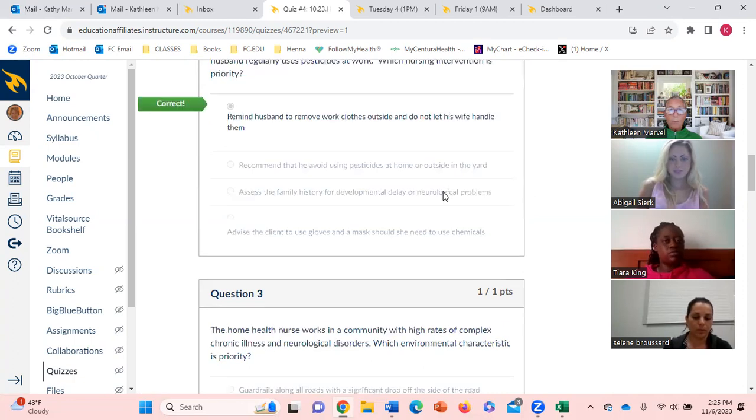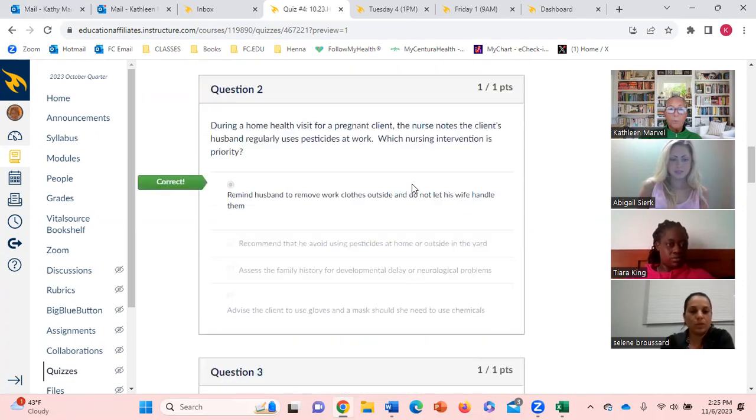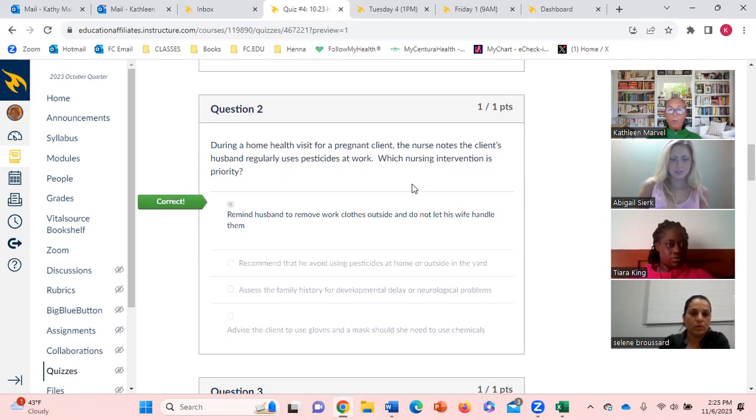Question number 2. During a home health visit for a pregnant client, again, this is another environmental health question, the nurse notes that the client's husband regularly uses pesticides. Which nursing intervention is a priority? There are several cues in that question.